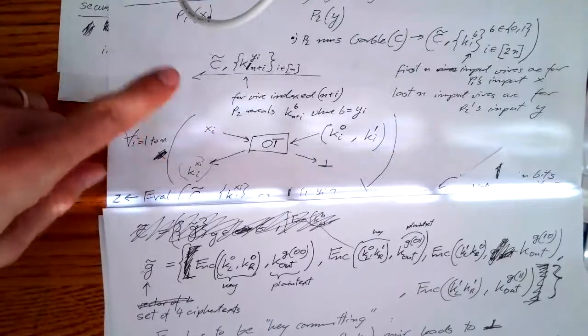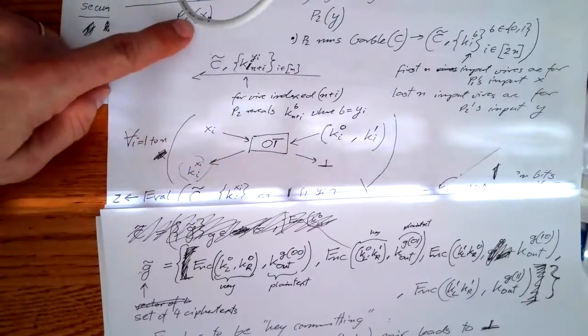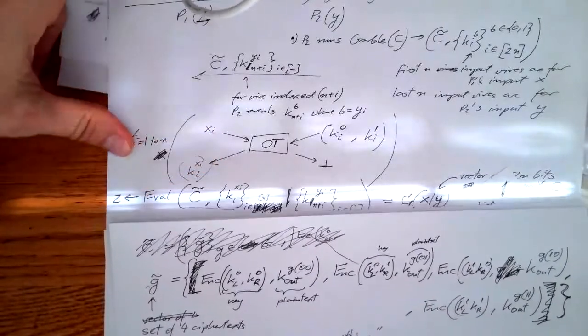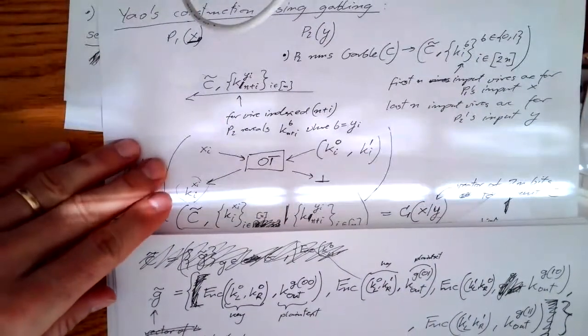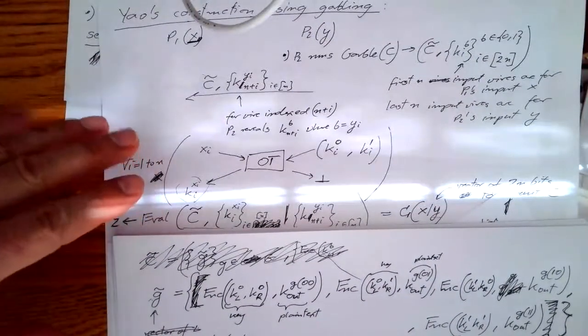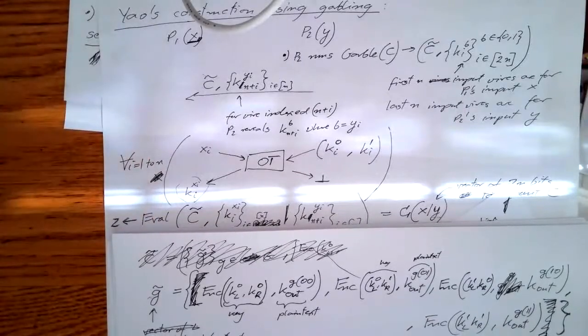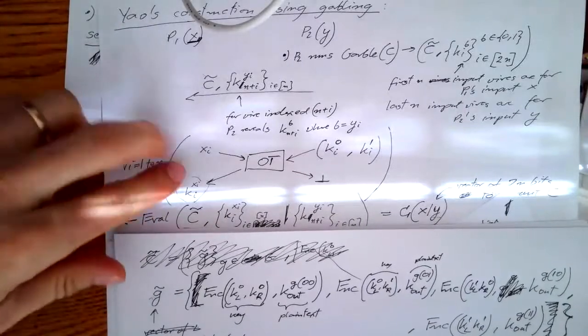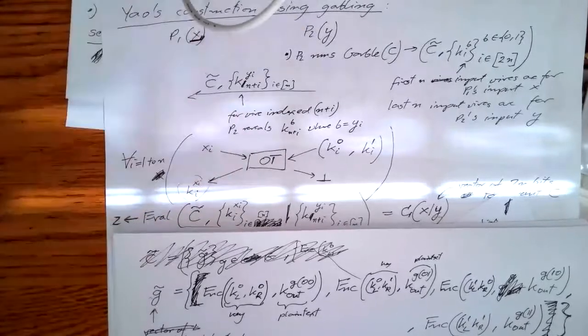And first of all, the OTs are only done on input wires. So if you have a computation where the inputs are not very large, but the computation has many gates, then you're already winning.